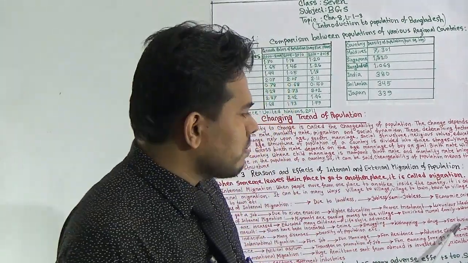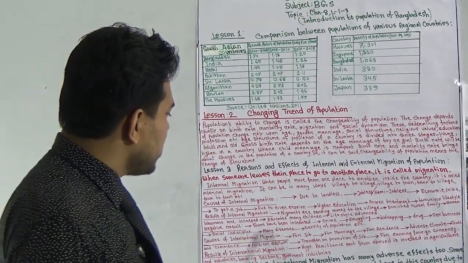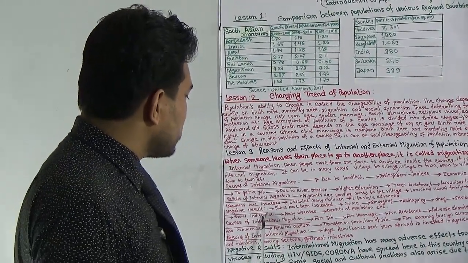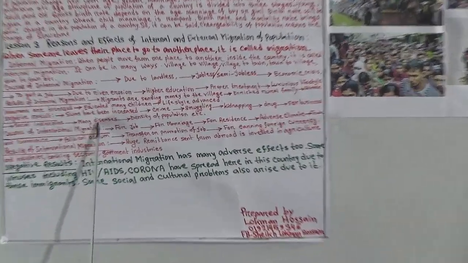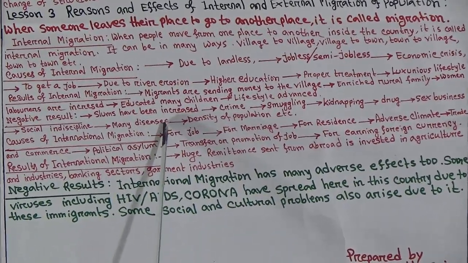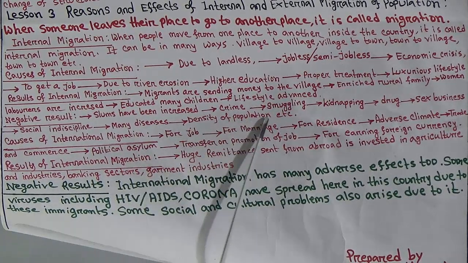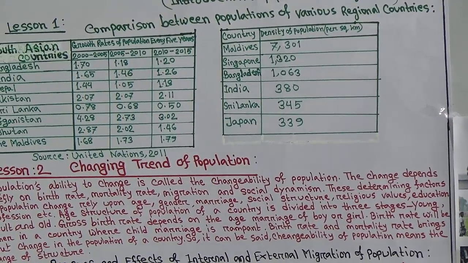Next one is sex business. It has also increased. Last one is social indiscipline and many diseases. Social indiscipline, chaos and quarrels have also increased due to migration. Many diseases have spread in different places in our country due to this migration. Density of population has largely increased due to migration.